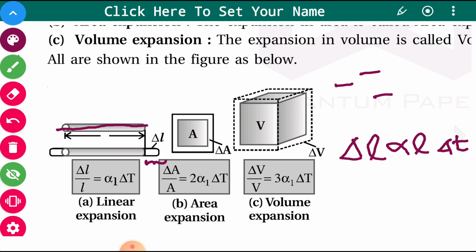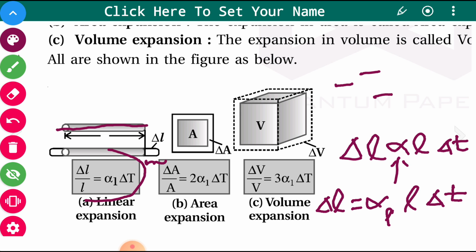If we remove the proportionality sign, then delta L is equal to alpha L, the constant for linear expansion, times L times delta T. So this equation can be written as delta L upon L equals alpha L times delta T.